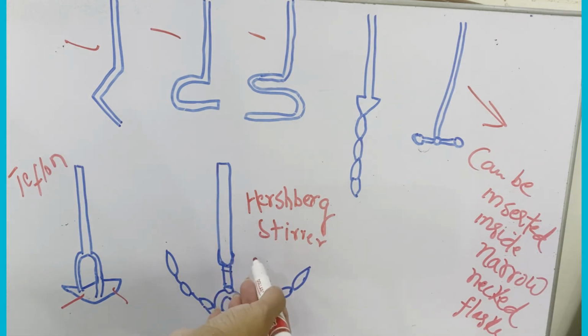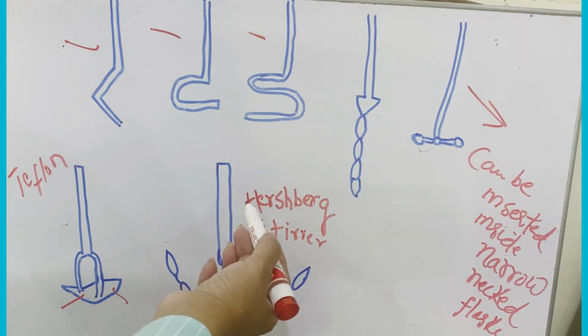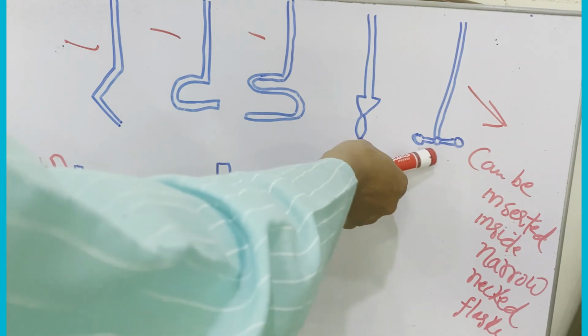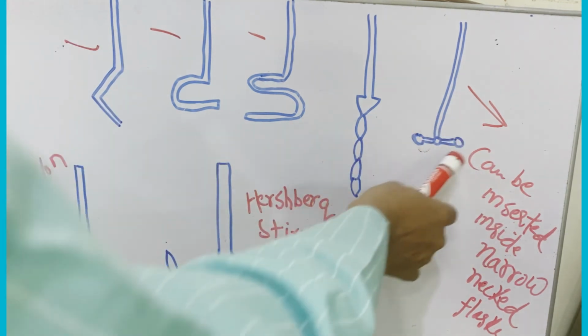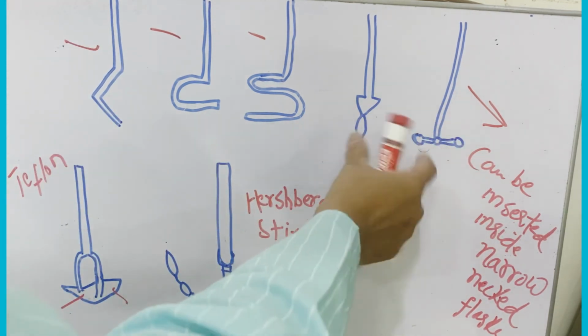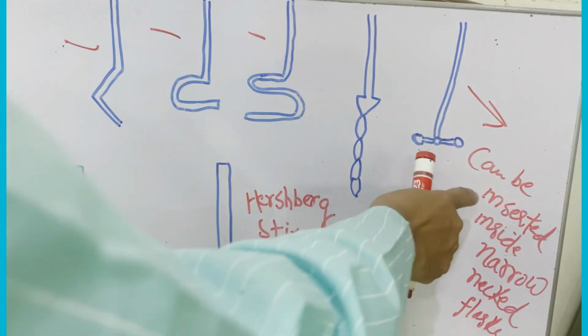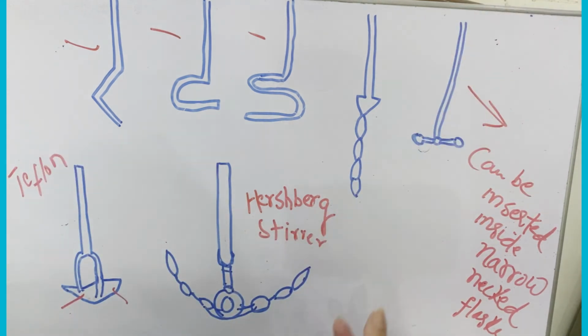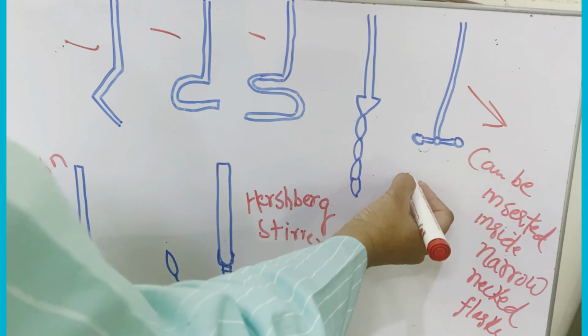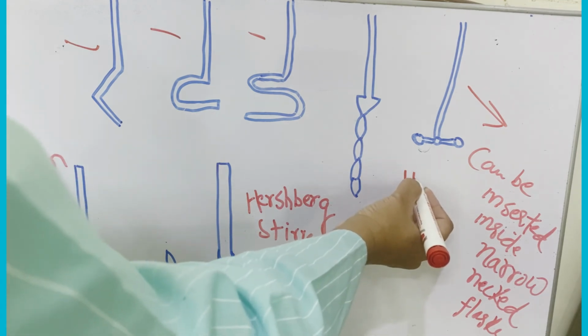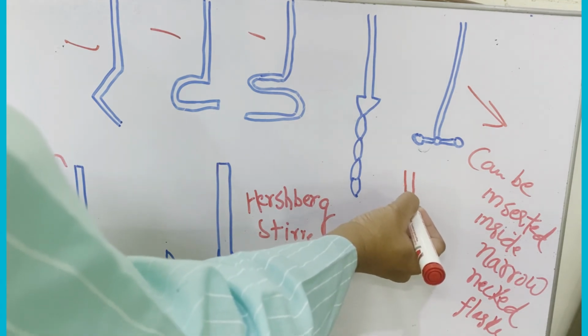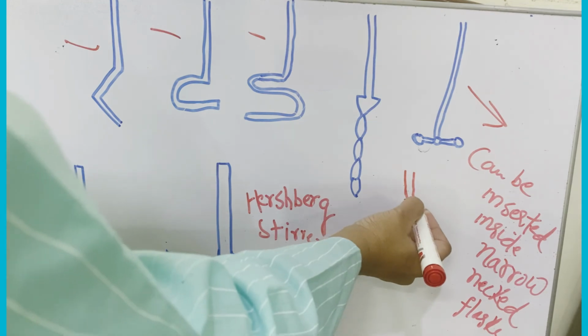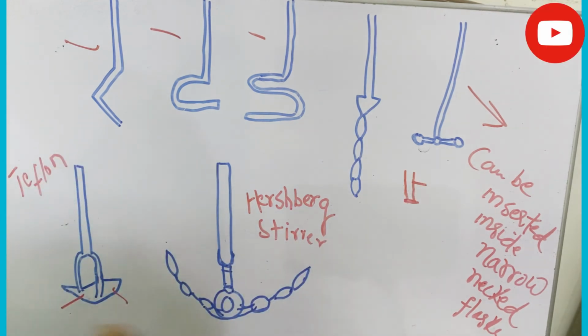This one I have written also. It has such a movable shape that it can be inserted into vessels that are very narrow. Narrow means vessels that have narrow necks, right? Such vessels, with narrow necks, it can be inserted inside easily.